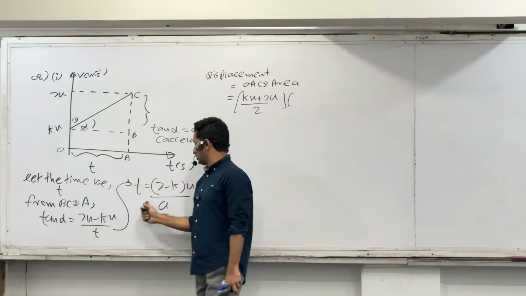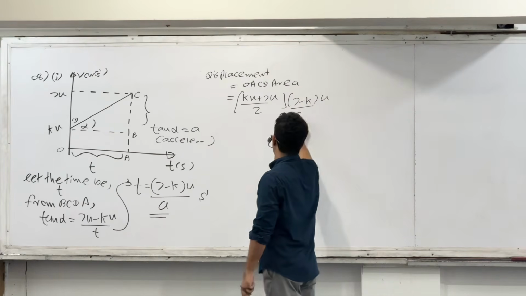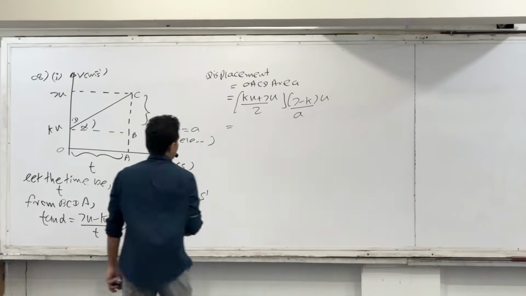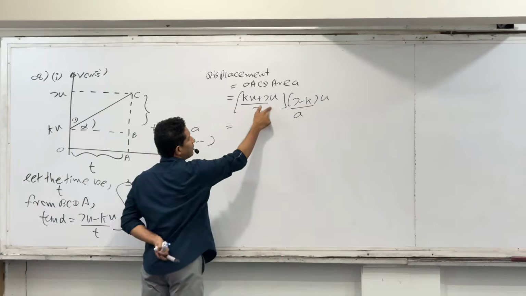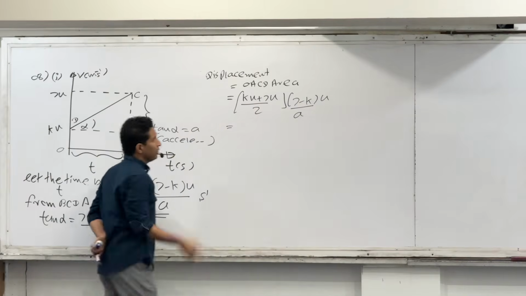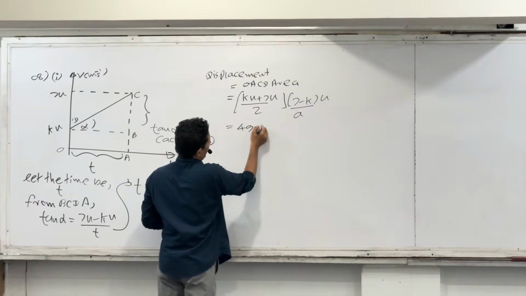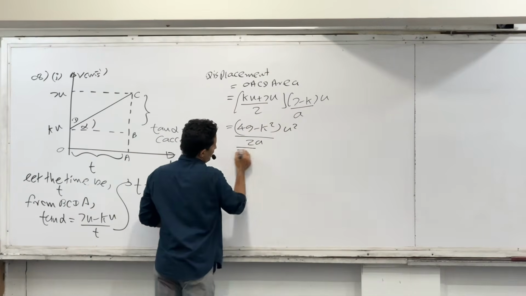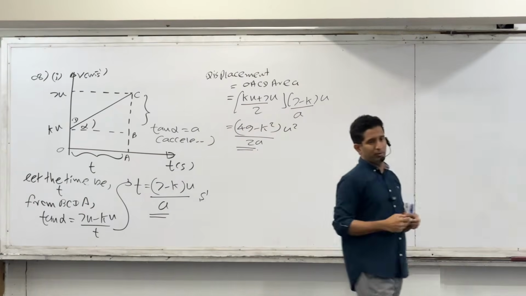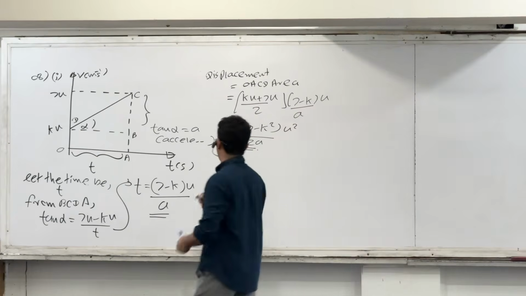We have already found t to be (7 minus k)u divided by a. So we get (7 plus k)u times (7 minus k)u over 2a, which is (49 minus k squared)u squared over 2a, using the difference of two squares. That is question number 8 part 1.